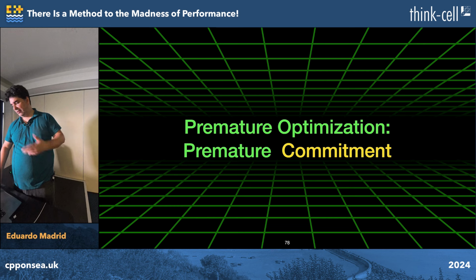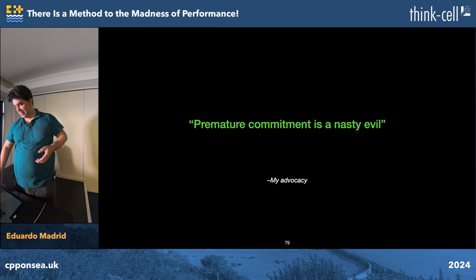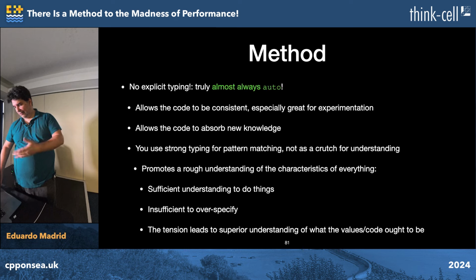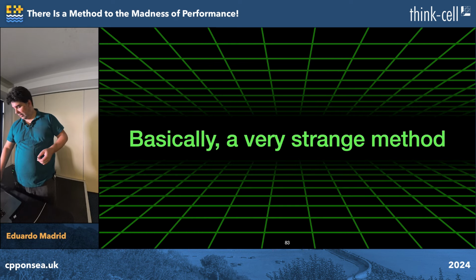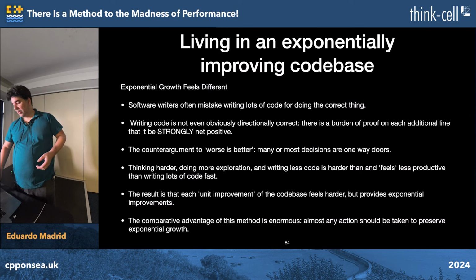Premature optimization is a problem as bad as premature commitment. And these are comments on how we do things. Basically, we have a very strange method of how to do software engineering. Like, for example, we absolutely reject the technique of copy and paste.